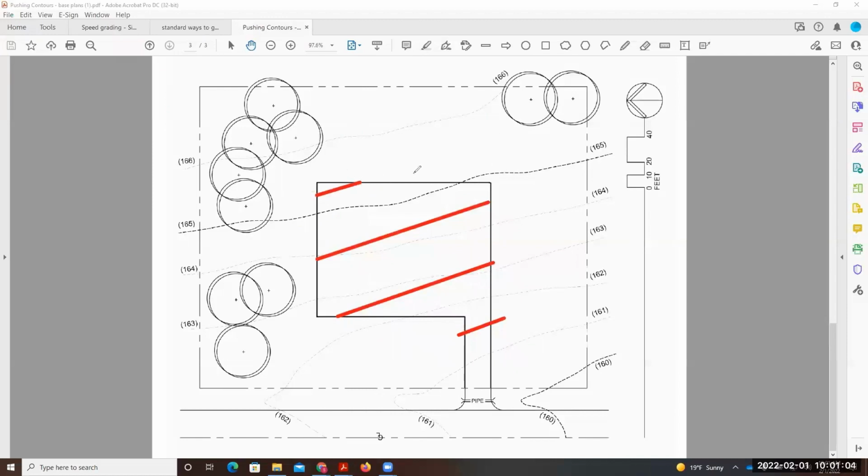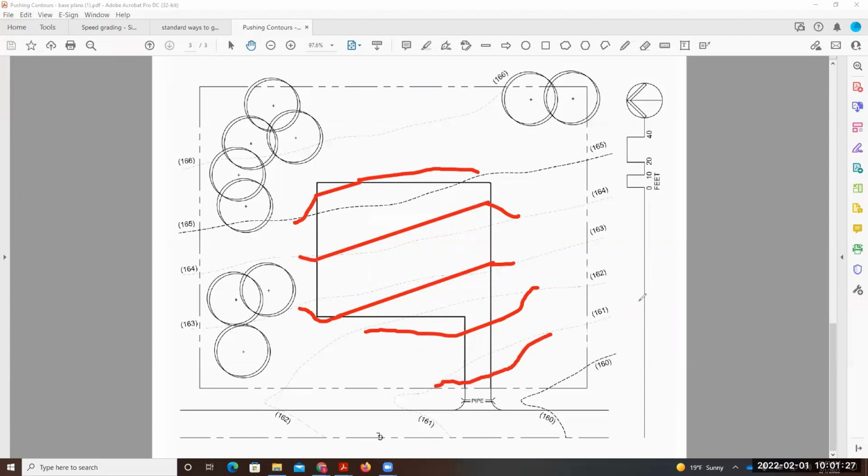And this one can connect to there. This one can connect to there. This one can connect to here. This one can connect to there. And I can even move this one down a little bit. And my grading's done.